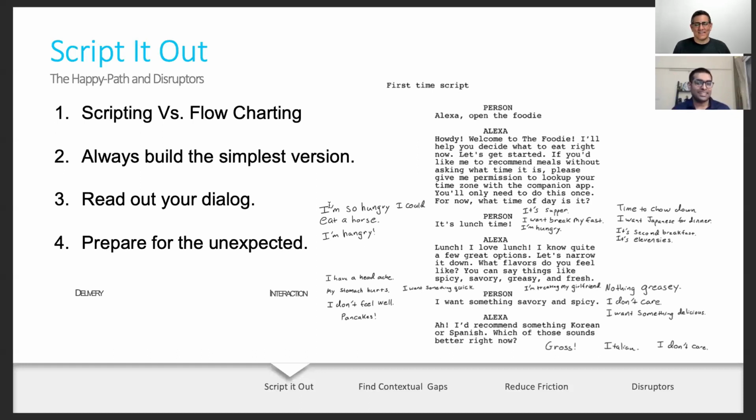I think that is one of the most important things, to make sure your skill is prepared for anything unexpected. At this point, if the user has not responded, say something like, hey, I think you are exercising right now, so I'll play some music for you to exercise, stuff like that. Those are the kind of things we start doing in this exercise.